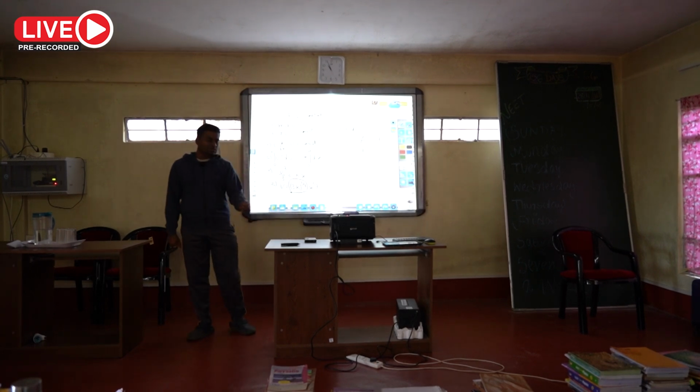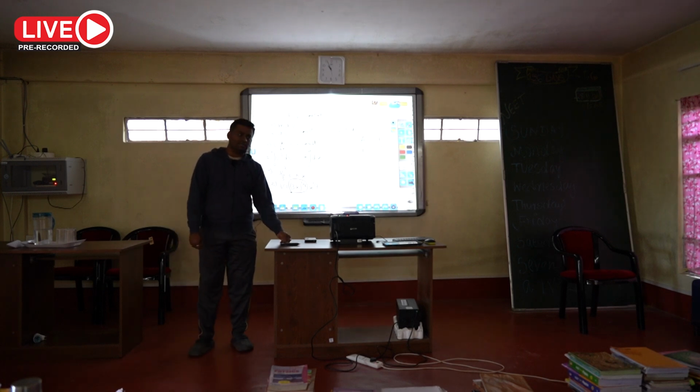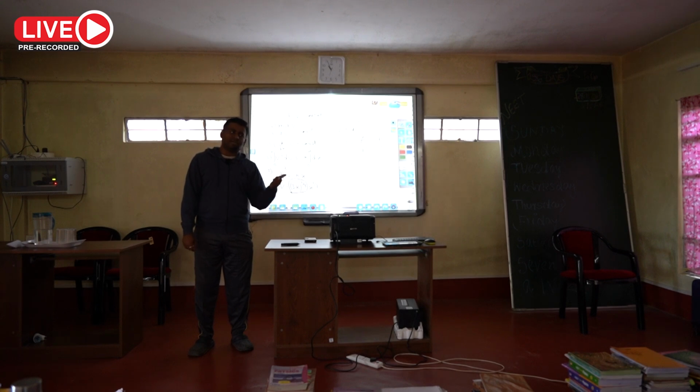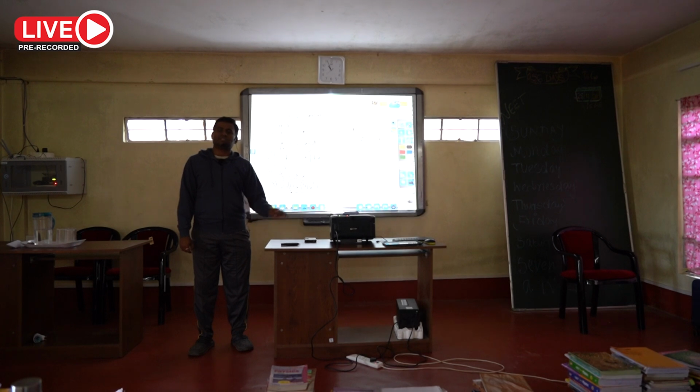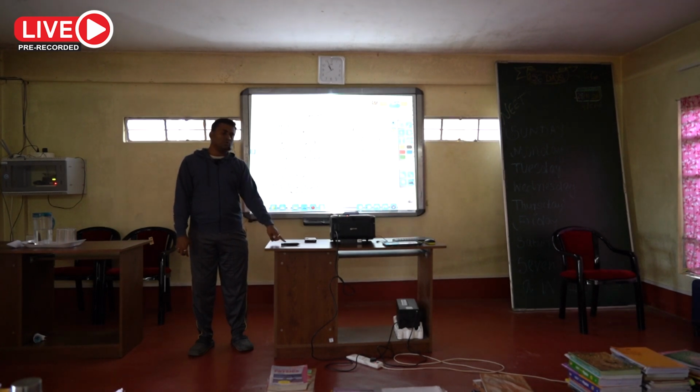It is obviously equilibrium because no net force is acting on it. One force acting on it is gravity, another is the normal reaction given by the table, and they cancel each other. They are equal and opposite, acting on the same body. So net force on this is 0. Net force 0 means equilibrium.